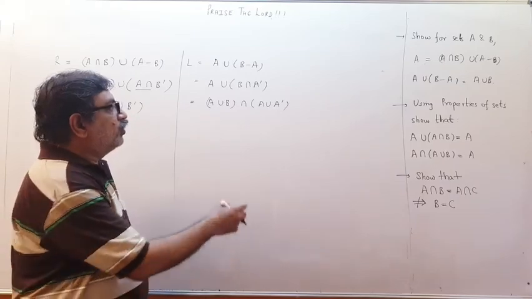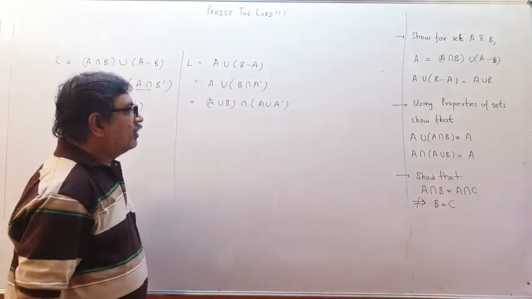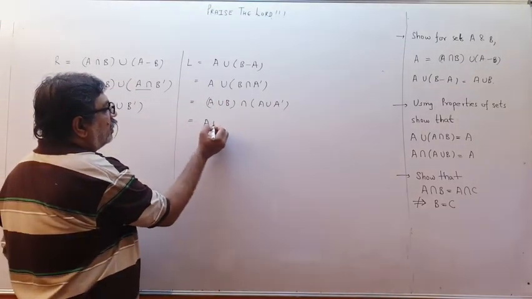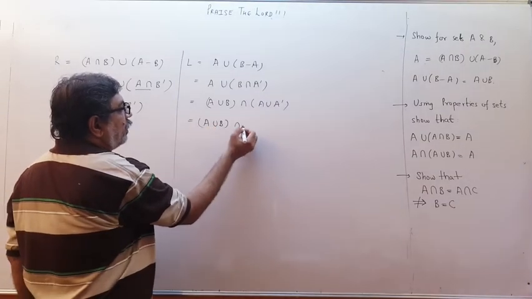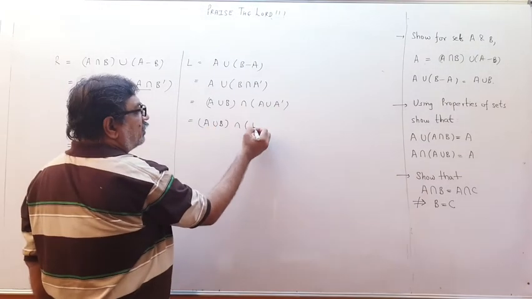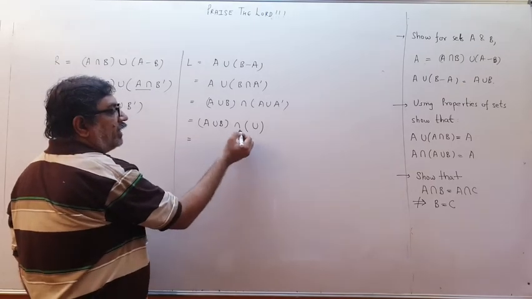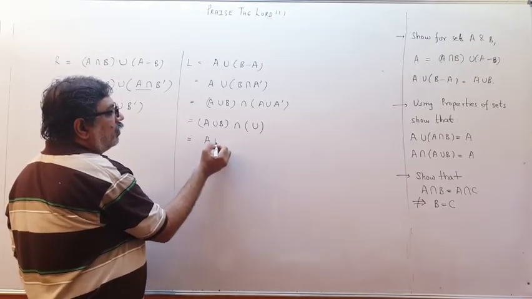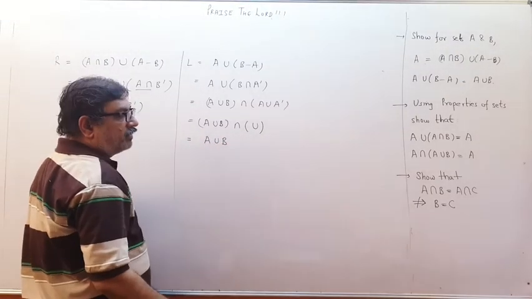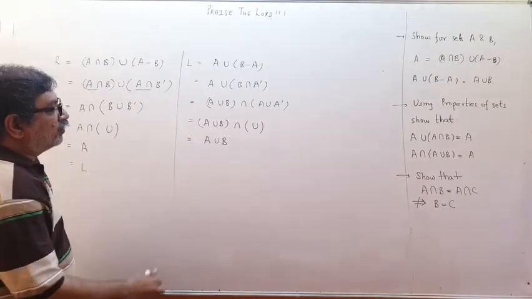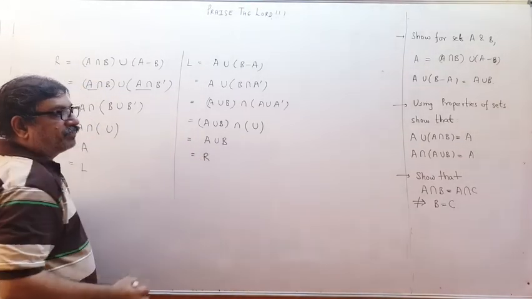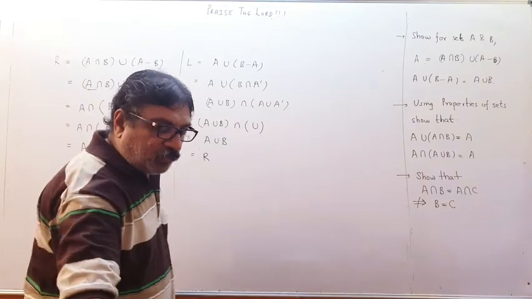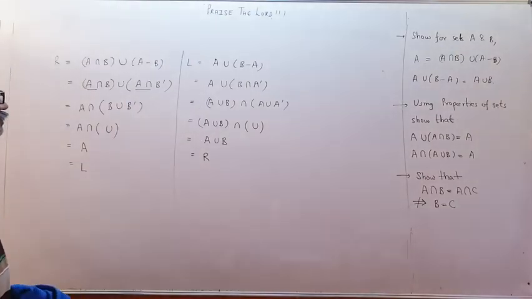Like this we distribute union over intersection. So this is A union B, A union A dash, that will be U. And during intersection I know this will become A union B by properties of union and intersection. So that is equal to what? RHS. Children, please copy. I will do the next ones.